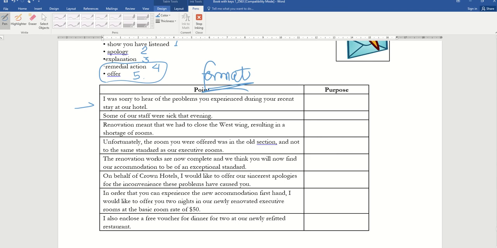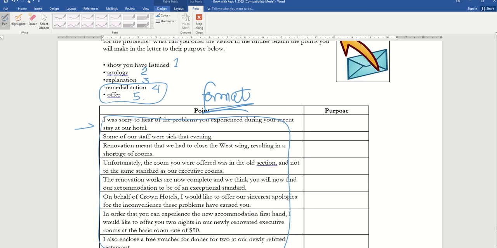You can see that all of them here are parts or sentences in the letter. Now, let's take a look at your right hand side here. Each part means what?